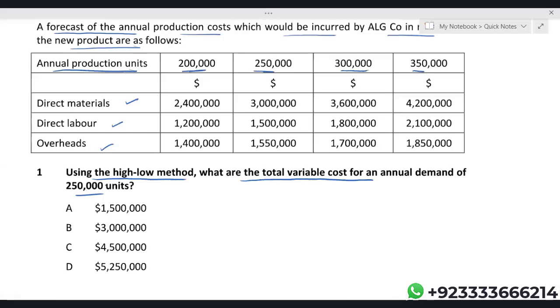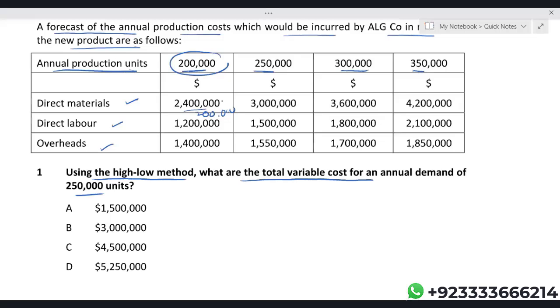So basically, first you have to identify the variable cost per unit, then simply multiply by 250,000. How to identify the variable cost per unit is very simple. Please look at this. At 200,000, the direct material is 2.4 million. Simply use the calculator: 2.4 million divided by 200,000.